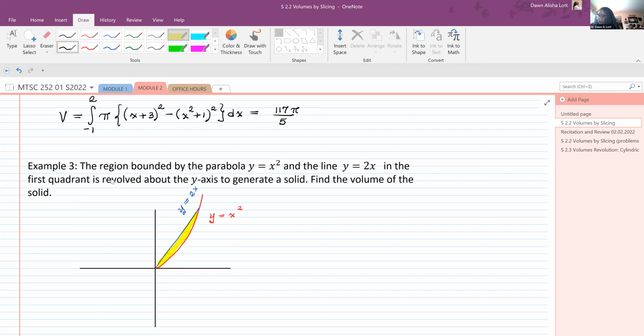Okay, so the red looks like this on the other side. And the blue looks like that.